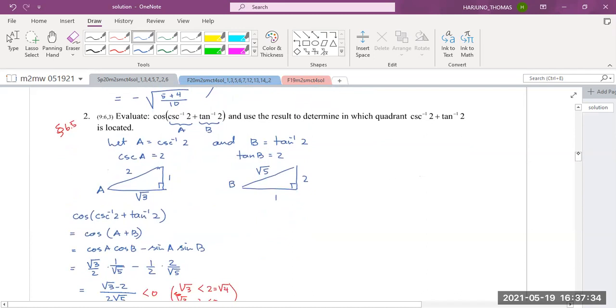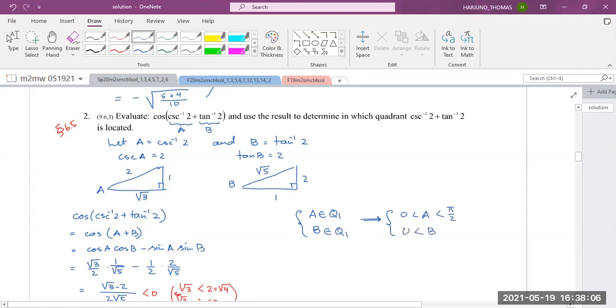Okay. Now, there's a follow-up question. Use the result to determine in which quadrant these angles are located. Now, A is in quadrant 1, B also in quadrant 1. So A is between 0 and pi over 2.